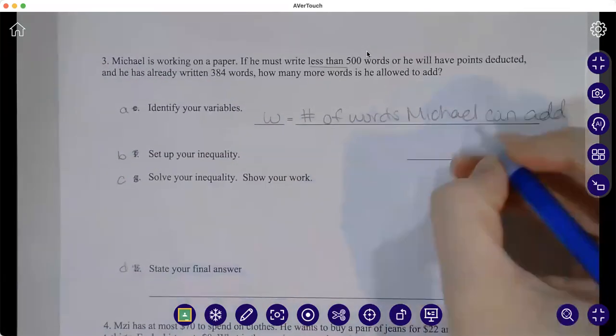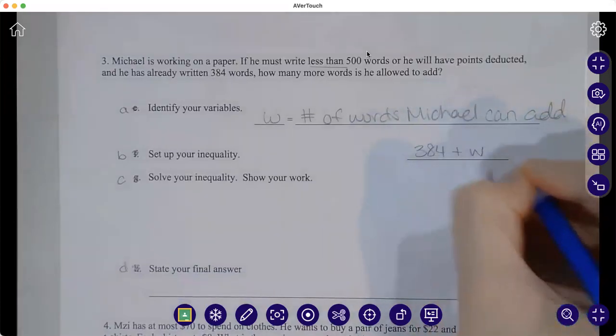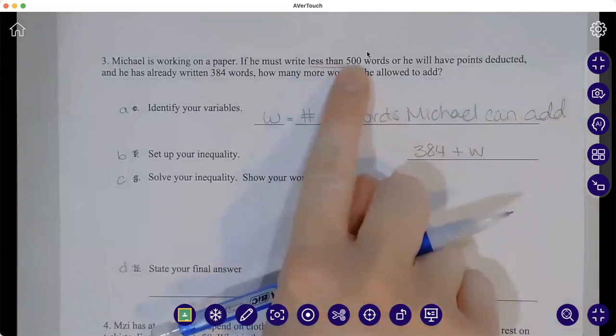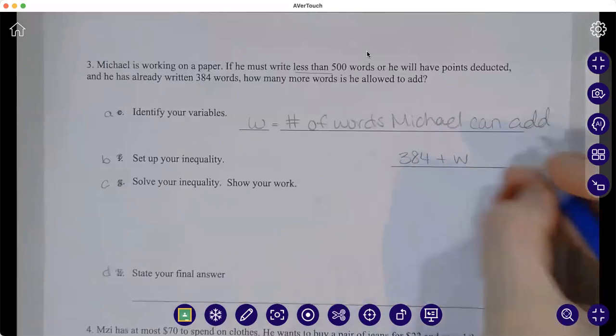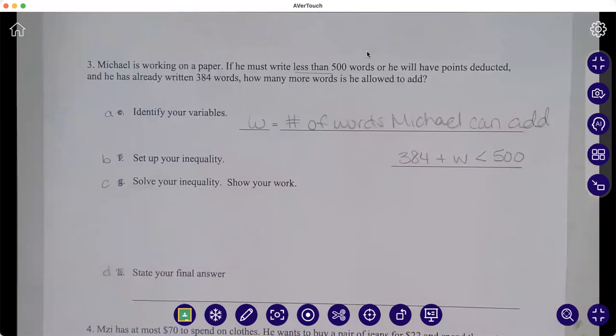So we know that he has already written 384 words, and we know this is the amount of words he can add. The question is, we want it to be less than 500. So this one is just pretty straightforward, less than 500. So sometimes it's at most 500, but this one actually says less than 500.